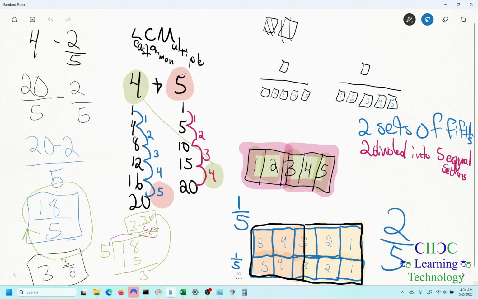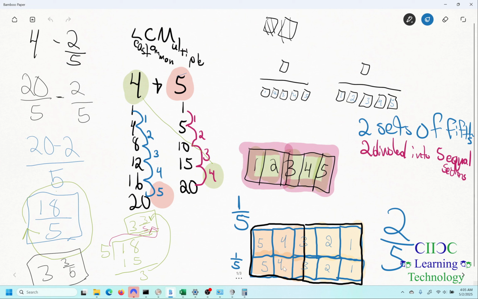And so I demonstrated that starting down here. I did 1/5, so I made one single shape divided equally into 5 parts, and then I did another same size, arguably. I am not an artist like that.